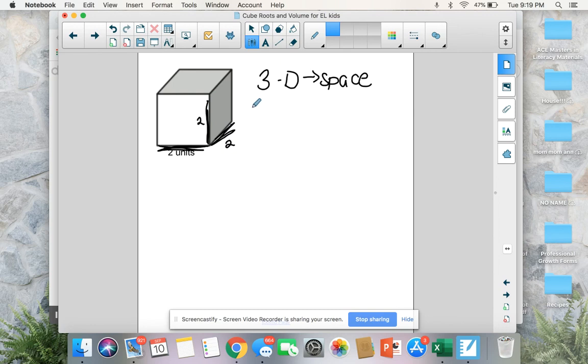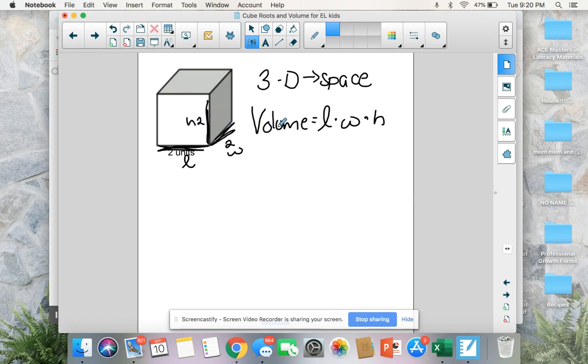So when I calculate the volume, the formula for volume is length, so that's your length, times width, that's how wide it is, times height. Right there's how high it is.